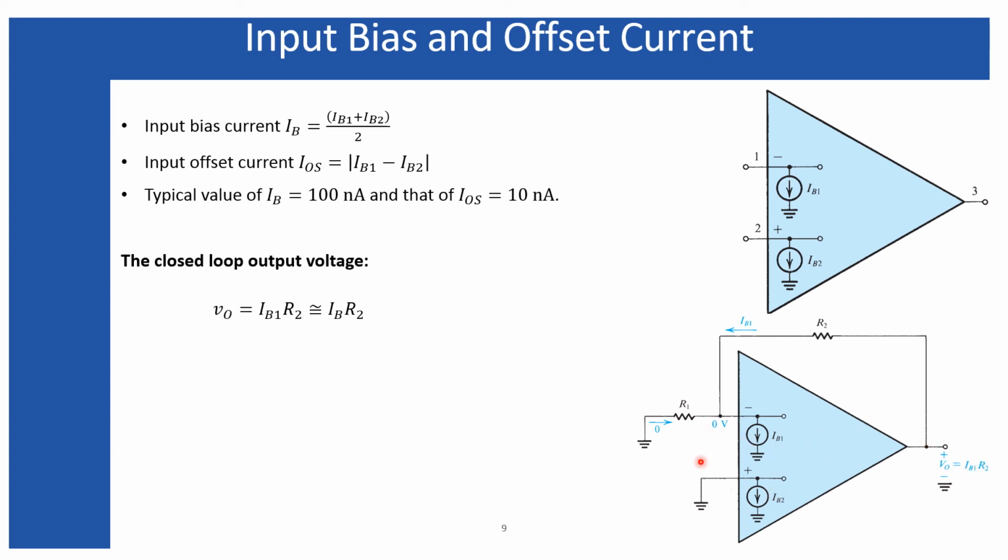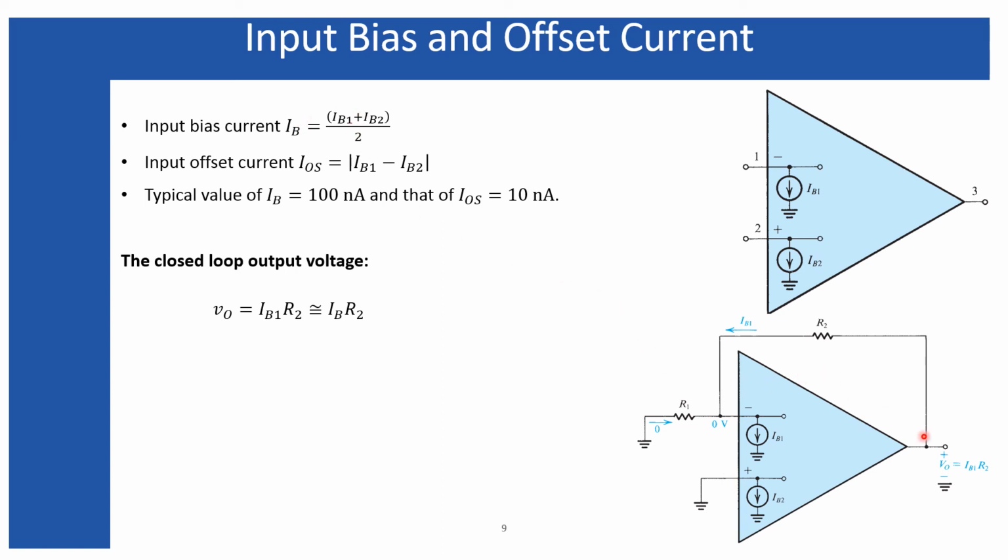Here I have used this closed loop connection, where both of the inputs are connected to the ground potential. Since a short circuit is connected across the current source IB2, we can neglect it in this expression.